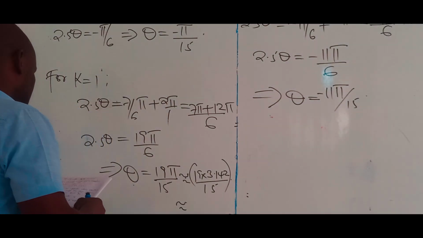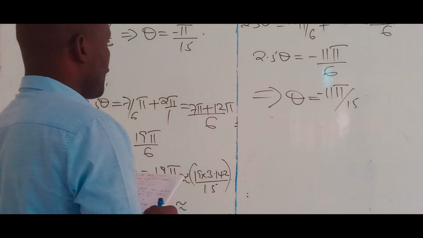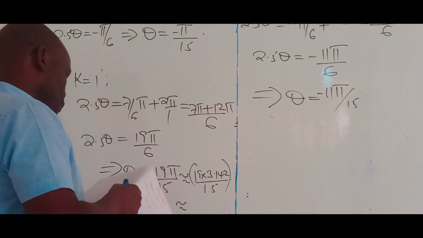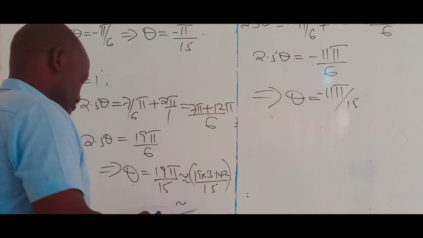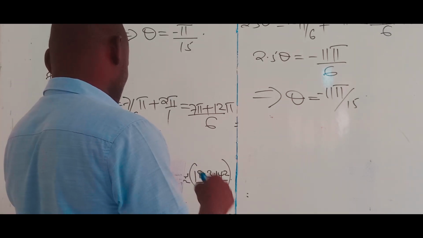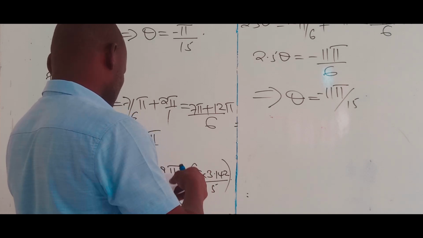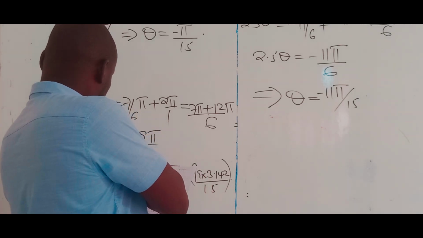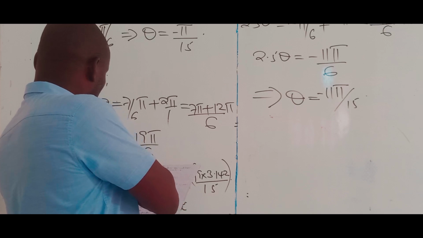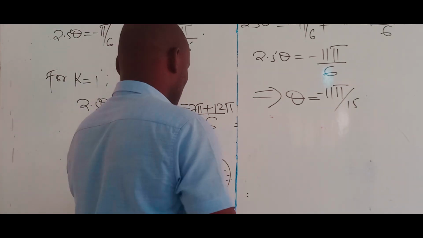So what we get that is inside the range is the value that corresponds to when k was 0.